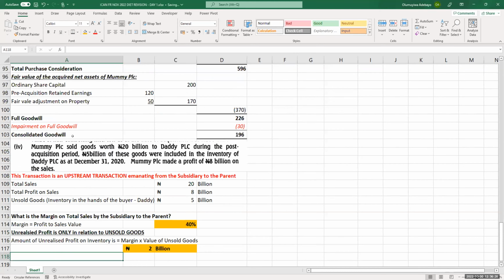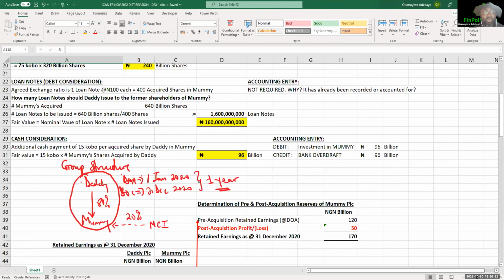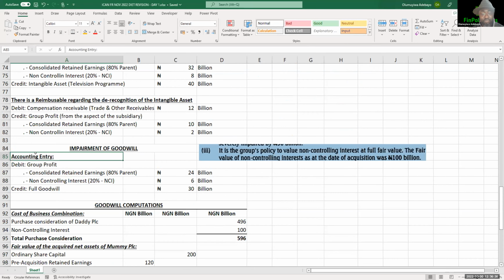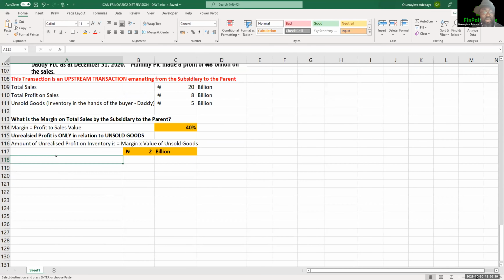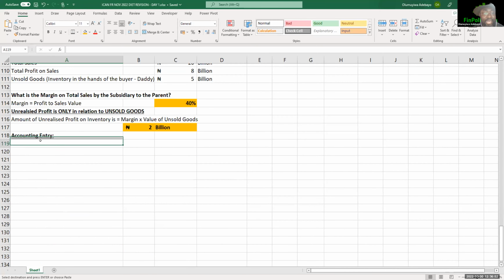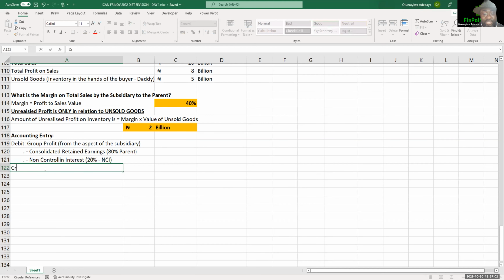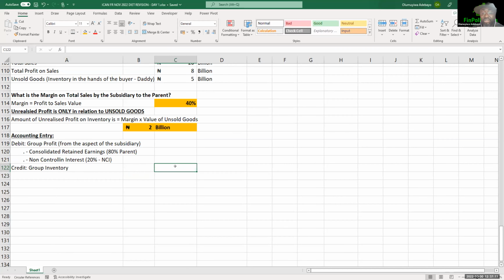Now, how do we account for it? Accounting entry. Because the profit was made by the subsidiary, it then means that the group profits from the angle of the subsidiary will be affected. And we need to reverse it by charging it out of the subsidiary's books, which means we debit it, and we credit the group inventory. Now, what is the group inventory?